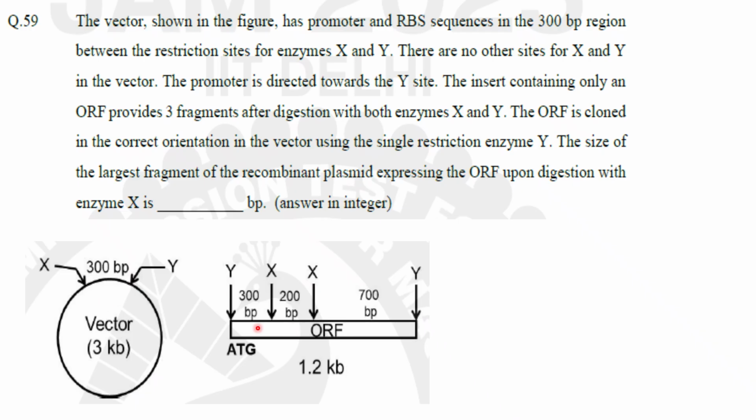This insert has 3 fragments. If you digest with X and Y, they are 300, 200 and 700, and in total it is 1.2 kb. This is the ATG or the starting site.